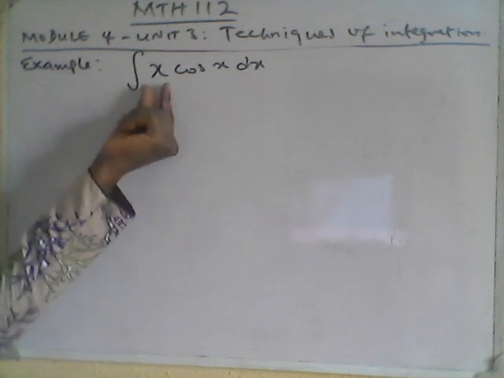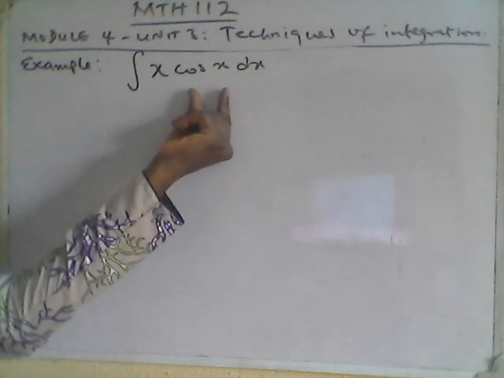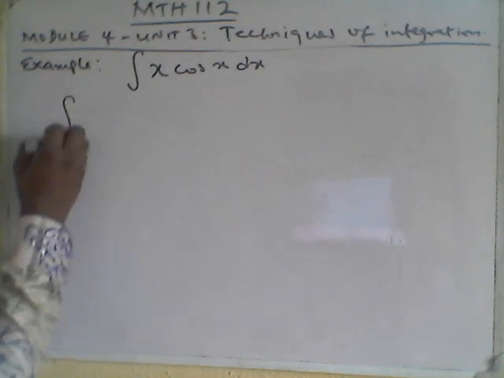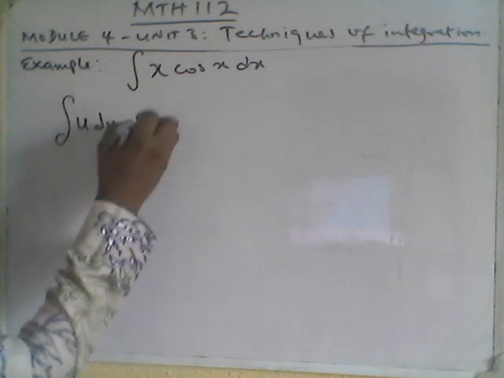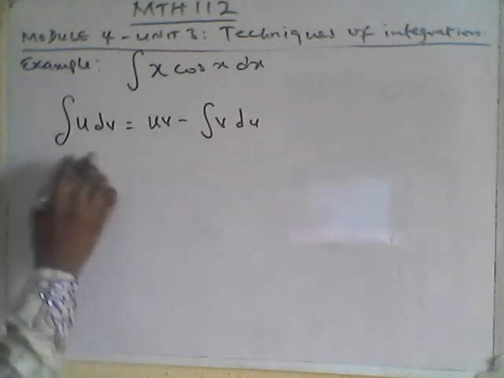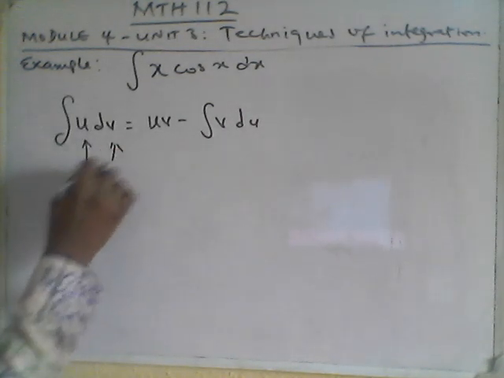That is, you have x as one of the functions and cos x as the other function. So which one is going to be our u and which one is going to be our dv? Remember that the formula is integral u dv equals uv minus integral v du.